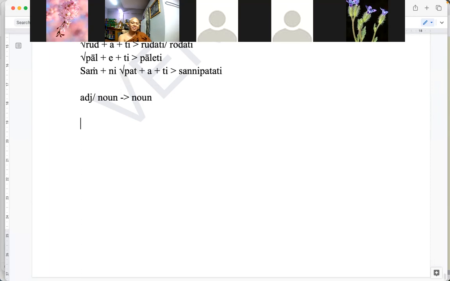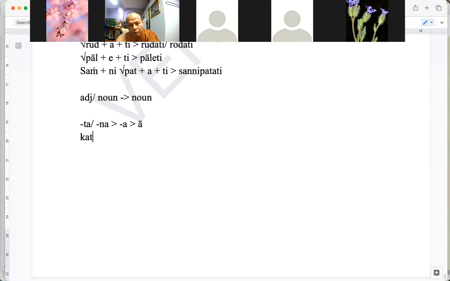Okay, how about the past participle, Bante? Past participle has the suffix ta or na. These are past participles, right? So all of the past participles end in a. But to modify another noun, the a is changed to r.